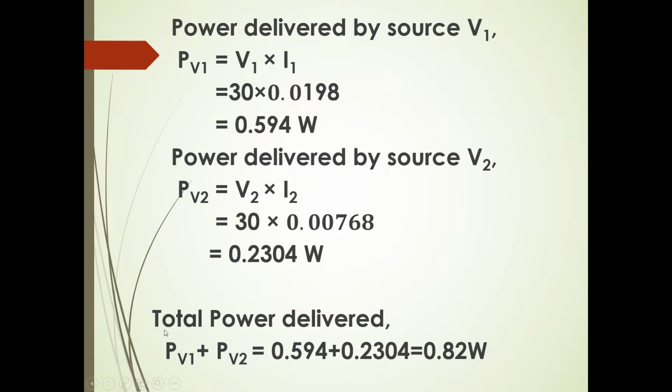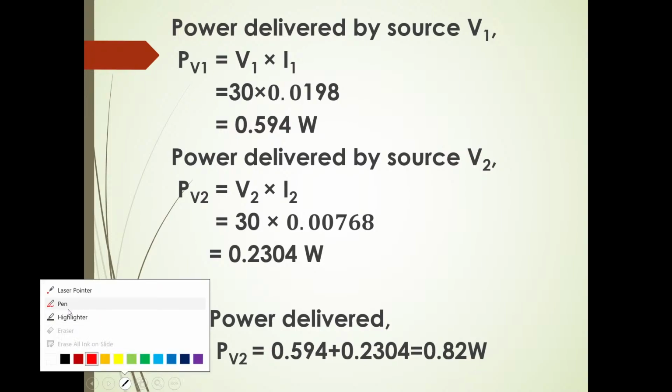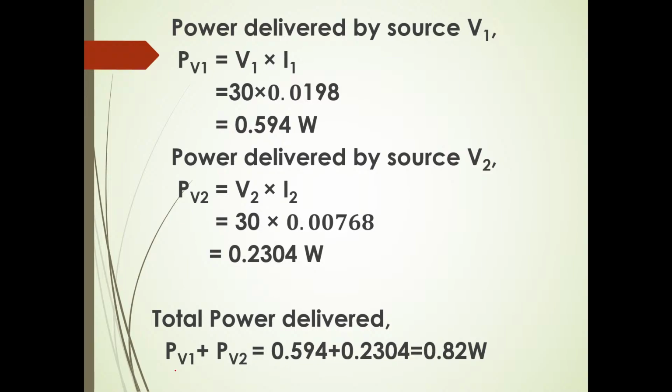So the total power delivered is 0.594 plus 0.2304, which gives 0.82 watts. So the total power delivered by these two sources, V1 and V2, is 0.82 watts. That's it.